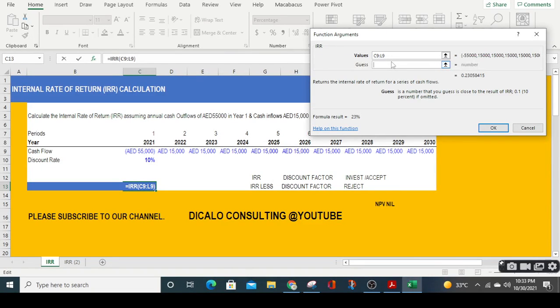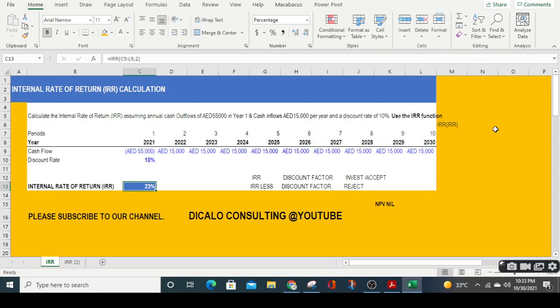You can incorporate any value here. So let's select 2, and then you click OK. So our internal rate of return here is 23%.